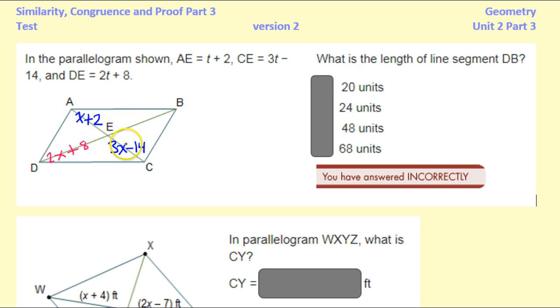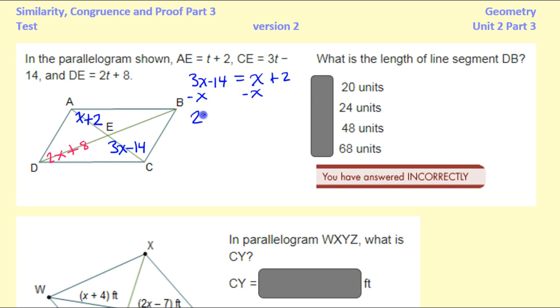Since the two blue ones equal each other, I can make an equation out of it. 3x minus 14 is equal to x plus 2. I'm going to solve by first subtracting x from both sides.